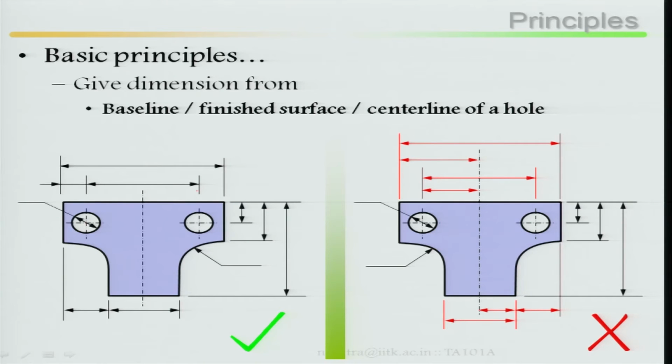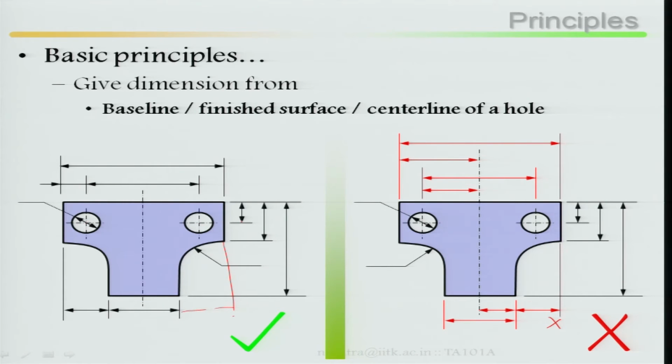It should not be marked from here to here, bypassing the center. And here, if you look, I have never marked dimensions from here to here. This is wrong. Give dimensions from the baseline, finish surface and center of a hole. This is the center of a hole.